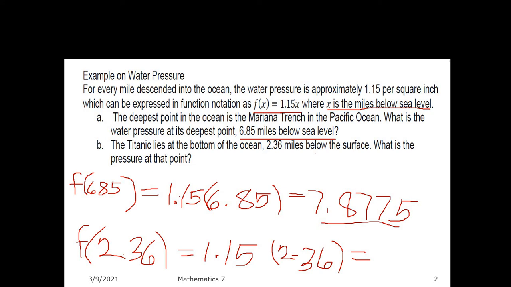So 1.15 times 2.36 equals 2.714. That would be the water pressure where the Titanic ship lies, 2.36 miles below sea level. Okay.